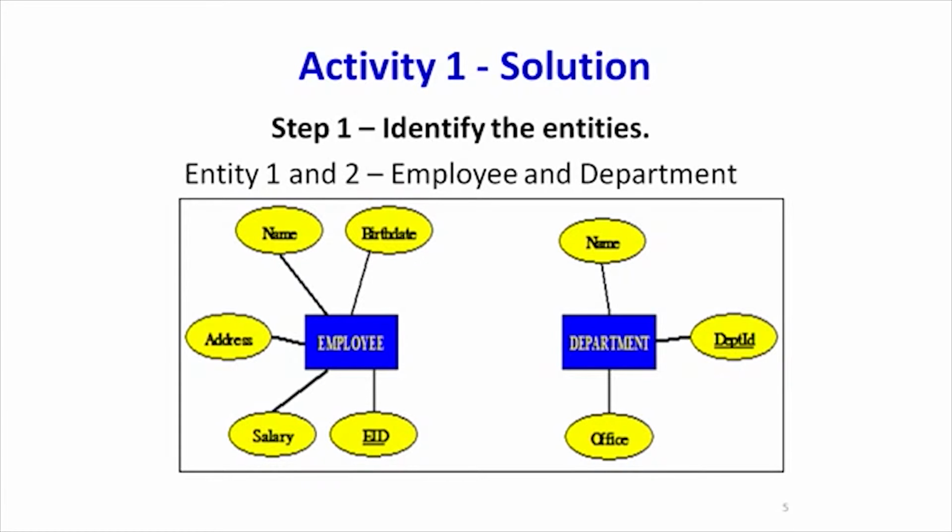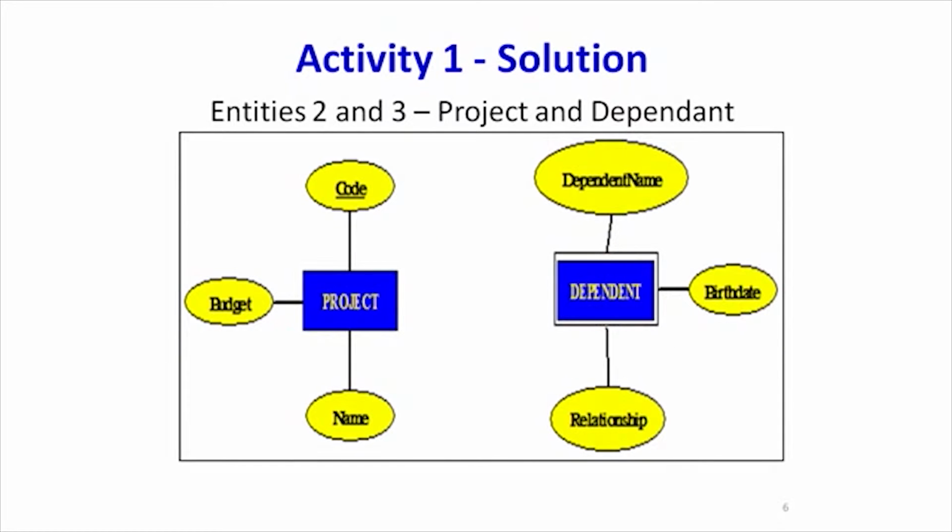Entity 2, department. Department must have a name. It must also have a department ID, which is a primary key, and an office for that particular department. We are still identifying entities for that particular activity. Entity 3 is a project, and for every project there must be a project code which identifies that project.